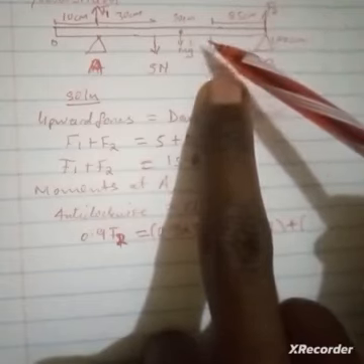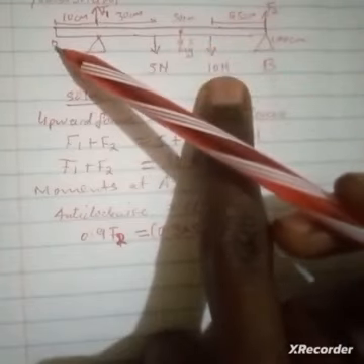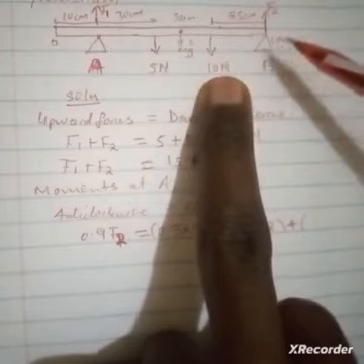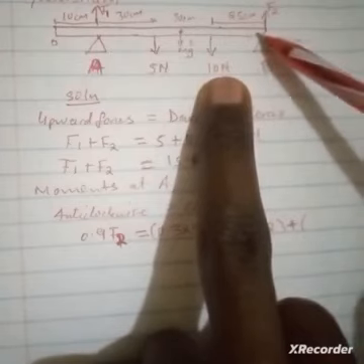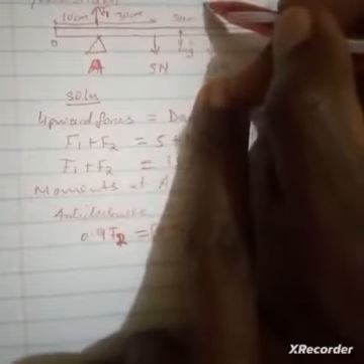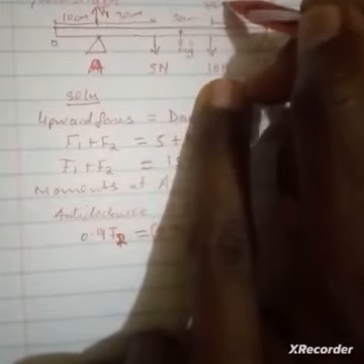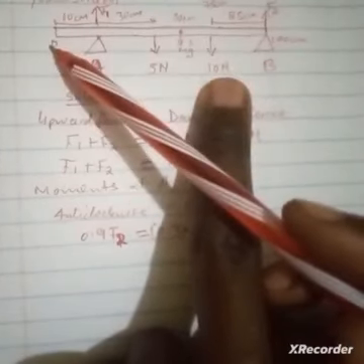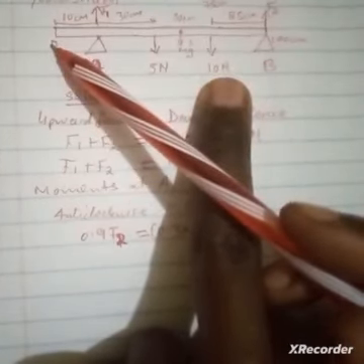From the starting point to point B is 100 centimeters. Going back 25 centimeters gives 75 centimeters from the origin, the zero mark.